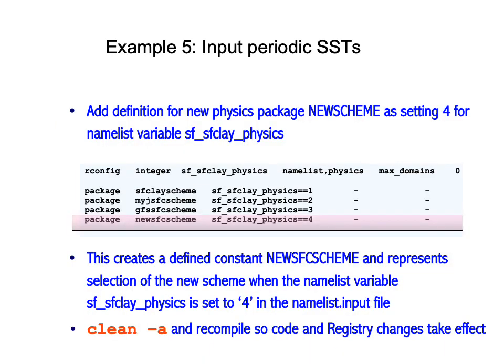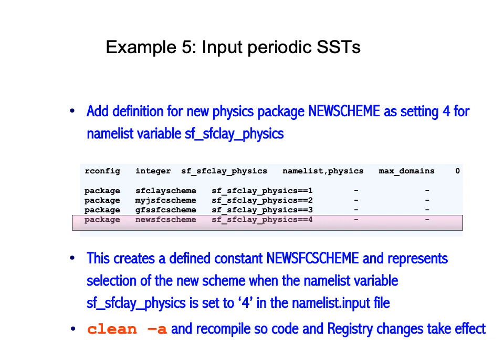The registry has a package, and now that we've seen that new_sfc_scheme enumerated constant, this is where it comes from. We say package, and then sfclay_physics equal to 4. So if the physics for the surface layer physics is equal to option number 4, then we're going to have this new_sfc_scheme be defined.